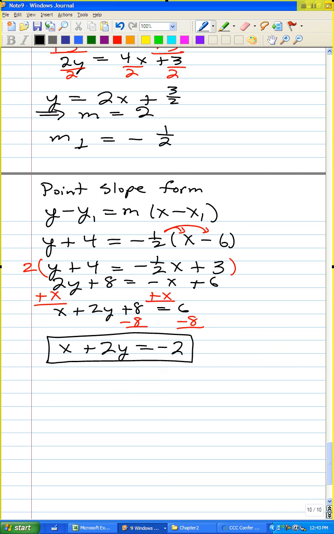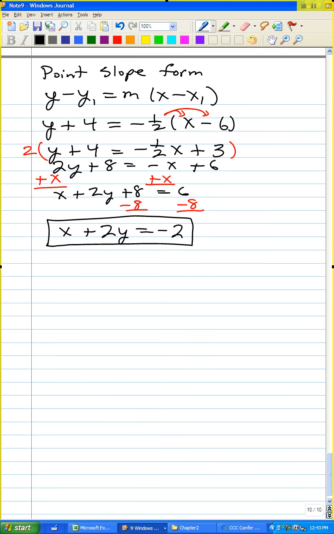So problem number 75. One third, one, and 2/3, 4/3.